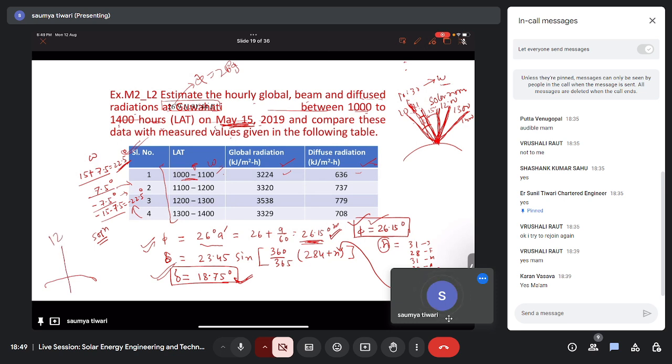If we're talking about 12 noon, solar noon, then each hour away is 15 degrees. So if you're talking about 10 to 11, how much will omega be? 10 to 11 will take its average value, so we'll consider 10:30. For 11 to 12 we'll consider 11:30, the average.